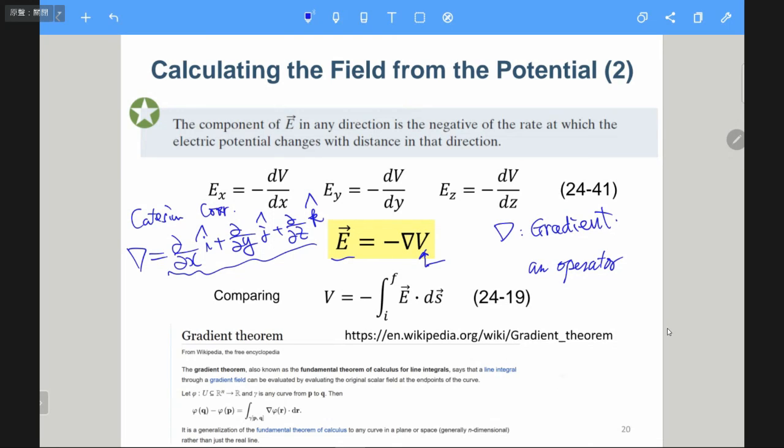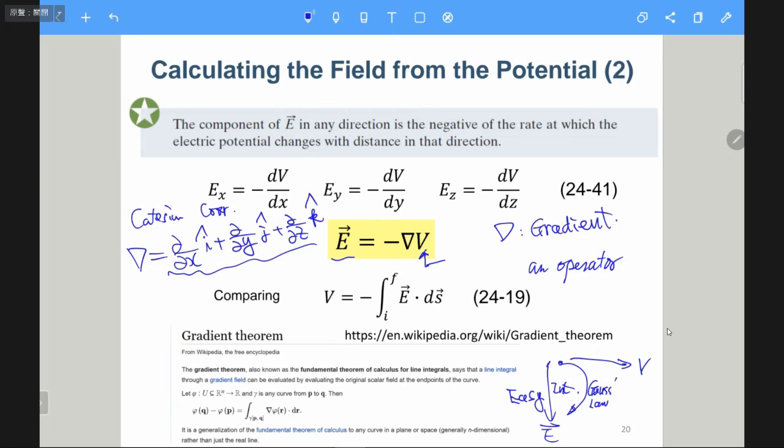So for some easy cases, we can directly find the E field. For some cases in chapters 22, 23, you can use integration to find the E field. And for some specific structures, you can use Gauss's law to do that. But for some more difficult cases, you can find the voltage or the electric potential first.